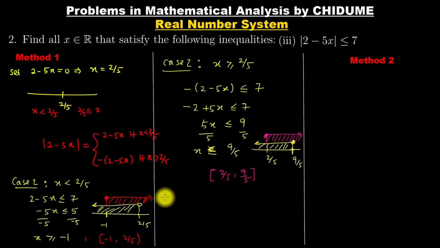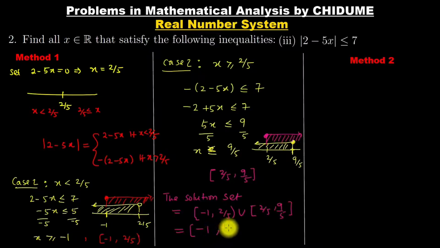So the solution set is going to be the union of -1 comma 2 over 5, open at this end, union 2 over 5 comma 9 over 5, closed at this end. Which is going to give us -1 closed at this end, comma 9 over 5, which is also closed at this end.